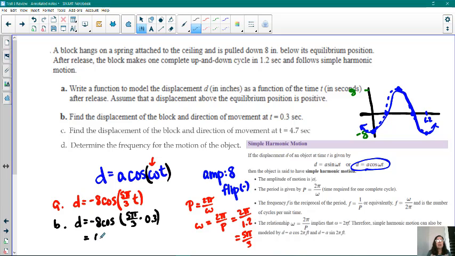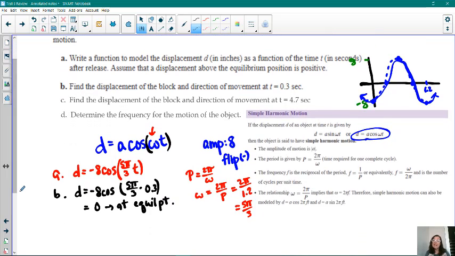0. So that means this block is at its equilibrium point. And then the question becomes, is it on the way up or on the way down from there? Because it could be at the equilibrium point going on the way up or going on the way down. A couple of different ways you can think about this.